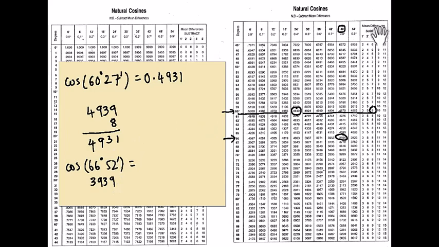So you just look at this one, and then you come down here and you look at this, and then you will find that it is 11. So you'll subtract the 11, right? 9 minus 1 is 8, 3 minus 1 is 2, and then this is going to be 9, and this is going to be 3. So it's going to be 3928. So your answer is 0.3928. Yeah, great.